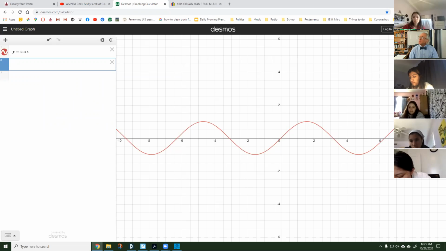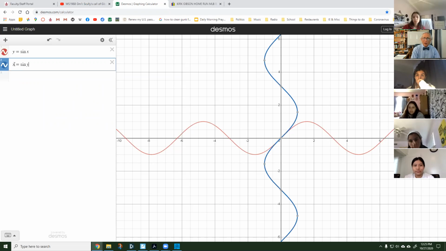Now let's look at the inverse function of sine. So I'm going to switch the x's and y's, and I'm going to say x equals sine y. All I did was switch my x's and y's. Is that a function? Is the blue a function? The blue is not a function.